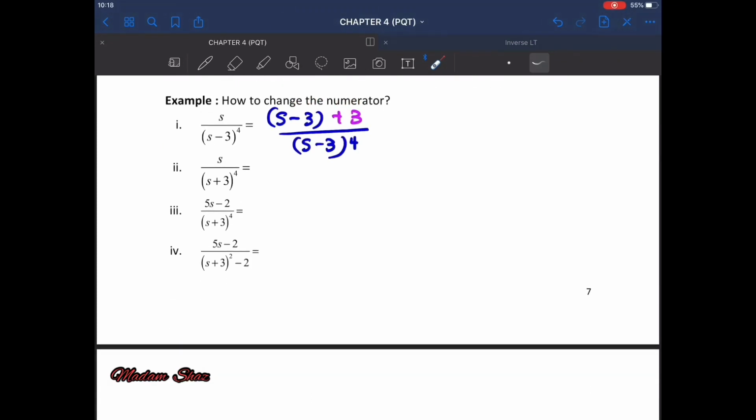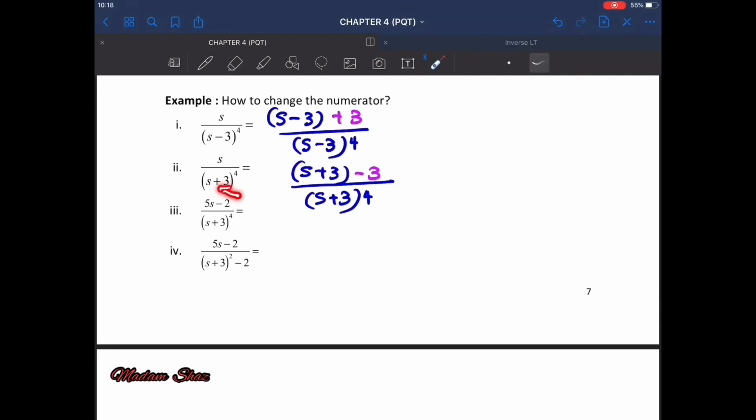So let us continue for the second example. We have s over (s plus 3) with the power of 4. Now the bottom side you have s plus 3. So the upper side will become (s plus 3) minus 3, divided by (s plus 3) to the power of 4.